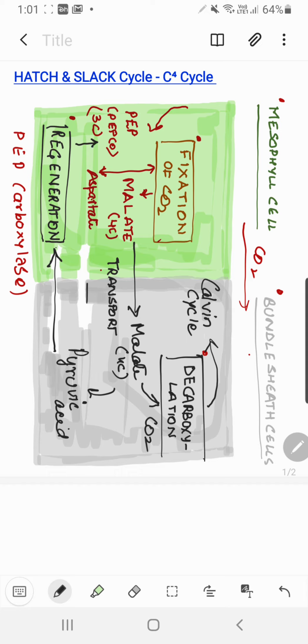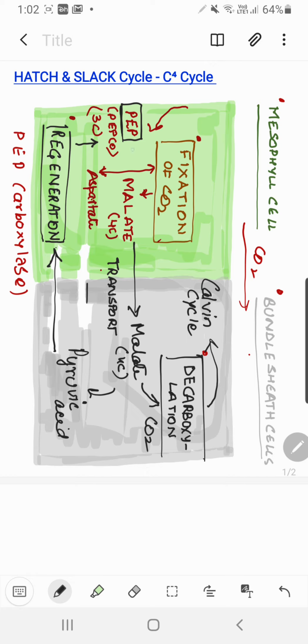So understand that again I am letting you know all the details. Mesophyll cells and bundle sheath cells are the two important sites of the Hatch and Slack cycle. Here ultimately CO2 is fixed in the Calvin cycle only, but the longer route is to be explained because it is followed by C4 plants. Here the main molecule, the 3 carbon atom compound, is PEP, phosphoenol pyruvate.